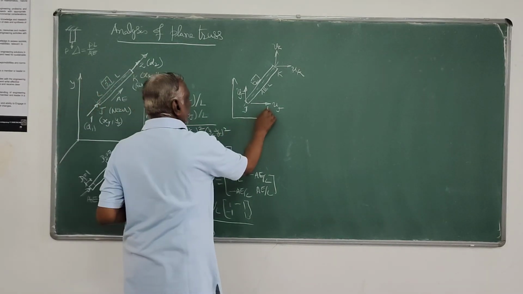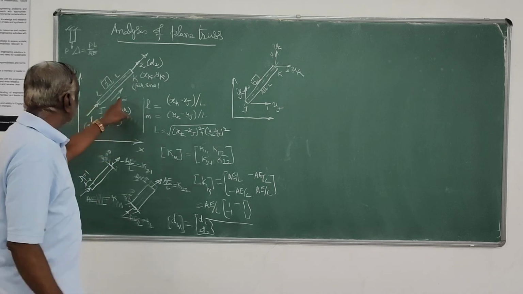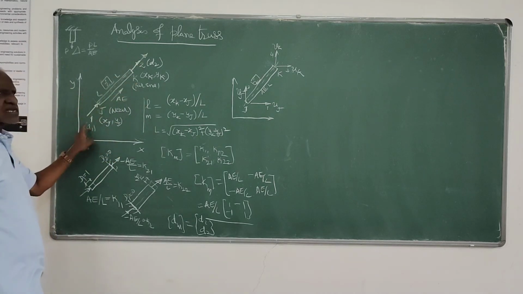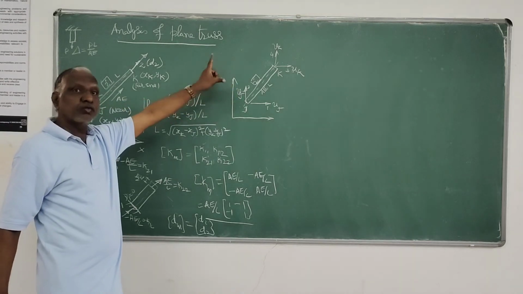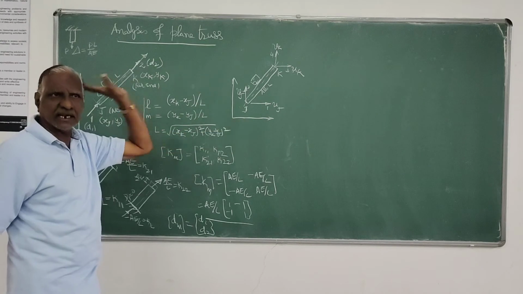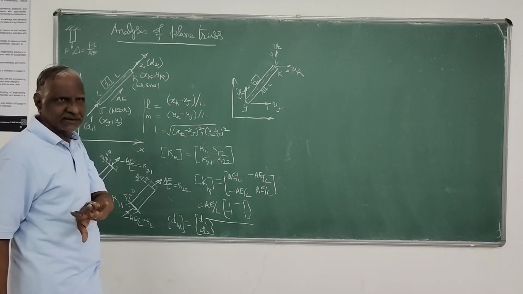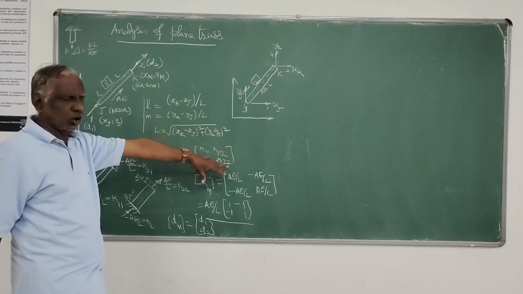That means you have 4 degrees of freedom. Here you have only two displacements, d1 and d2, whereas here we have 4 displacements in global coordinates for the same truss element. This is the major change between element properties in local coordinates and global coordinates.